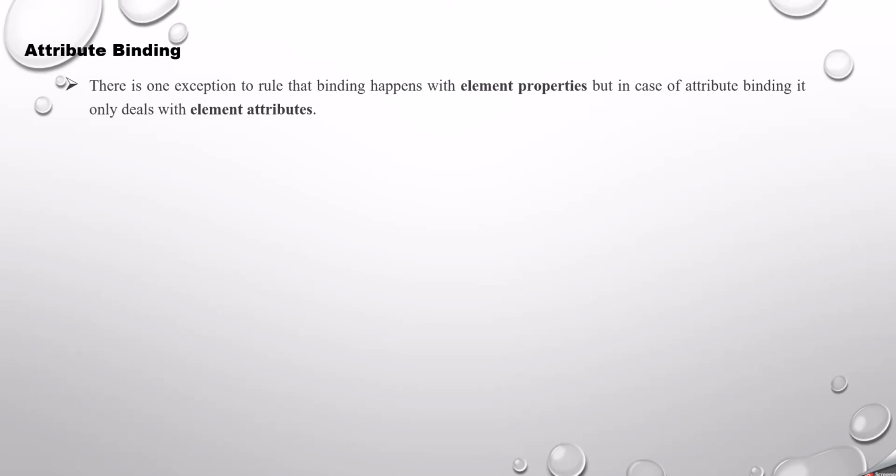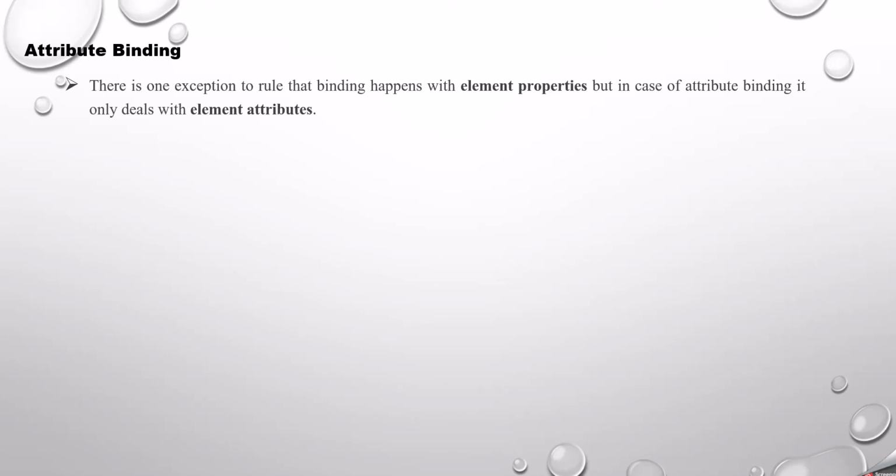Whenever you define ID, value, color, maybe background color, everything is part of a property, because element attributes render to a property. But there is one exception with attribute binding.